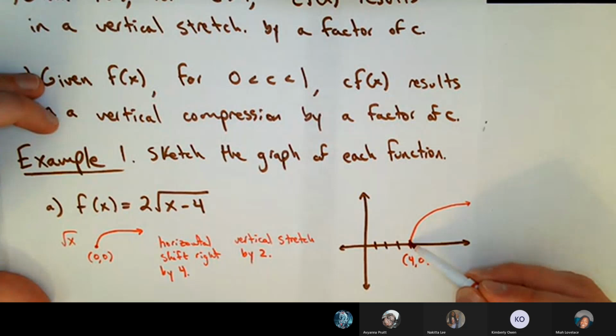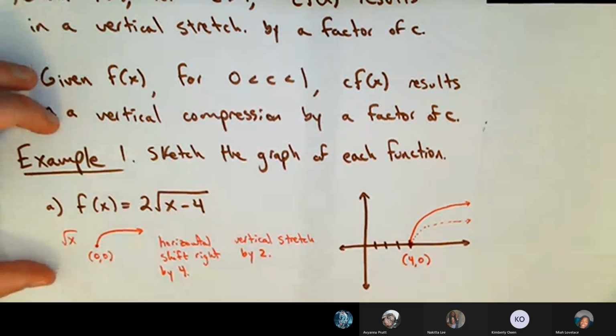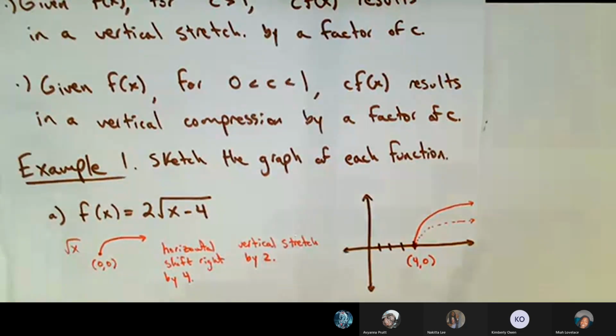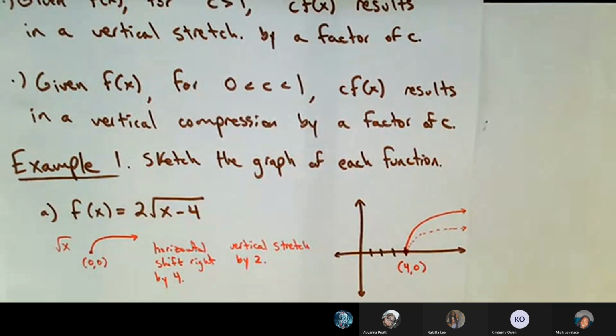A normal square root graph might just go like this. But because of that vertical stretch by 2, I'm pulling it up higher. All right. Okay.